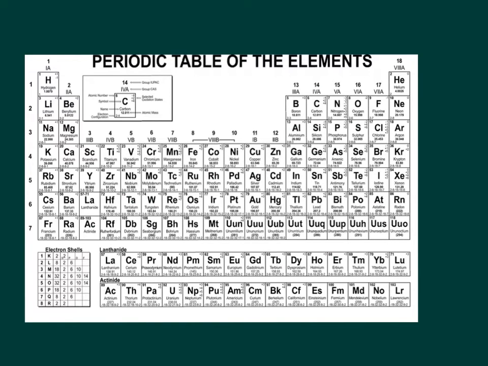Just as a refresher, remember on the periodic table there's a staircase that goes down in this direction. To the right of the staircase are the nonmetals. So these elements over here are the nonmetals on the periodic table, and the elements to the left are the metals.